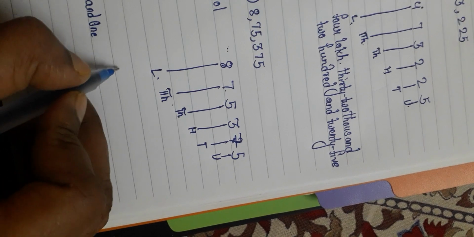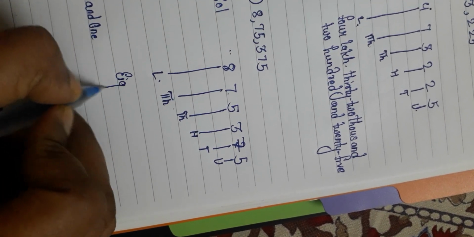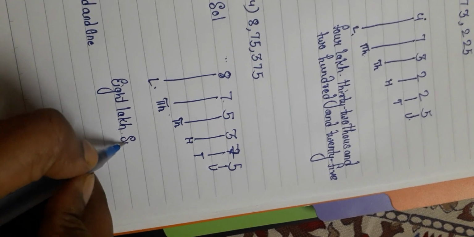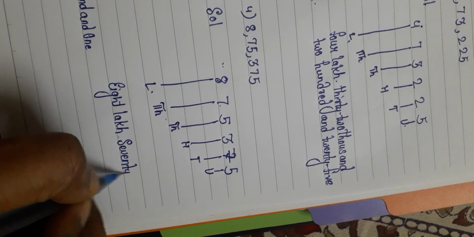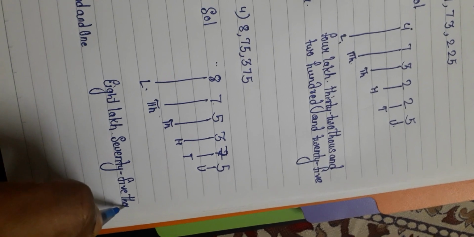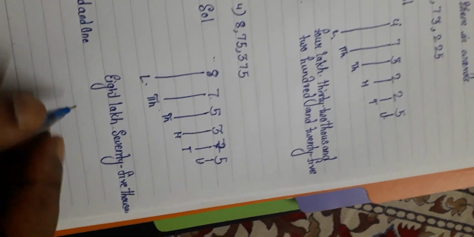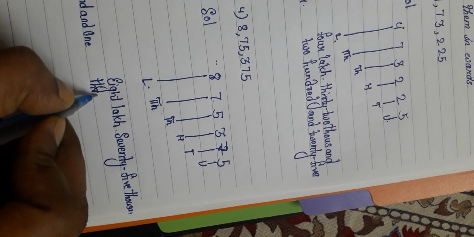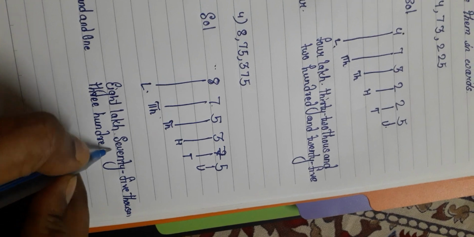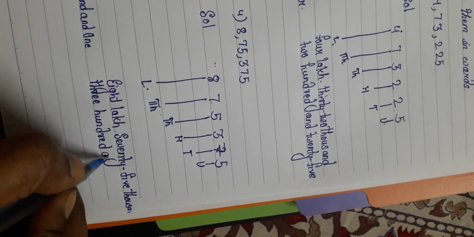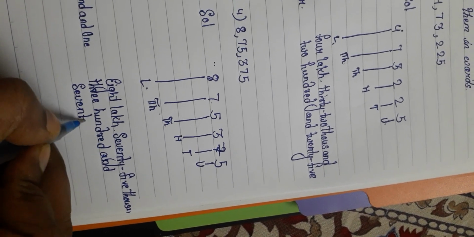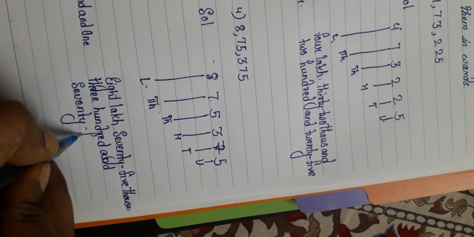This way you can write 8 lakh 75,375 and 75.